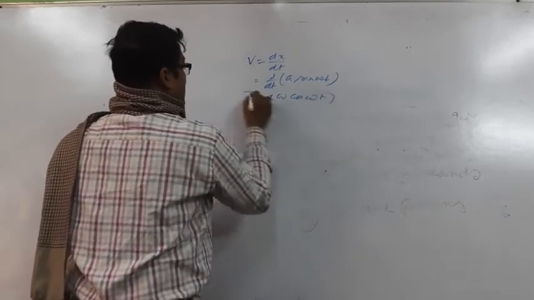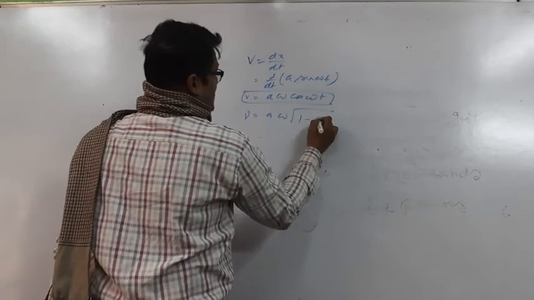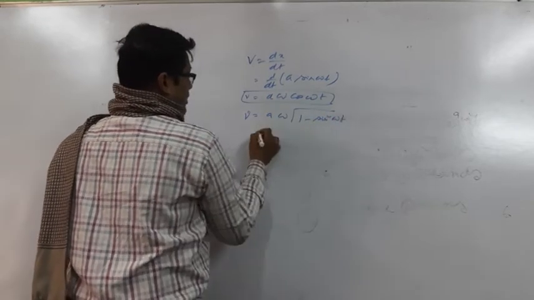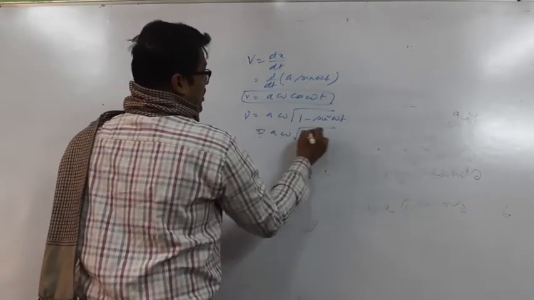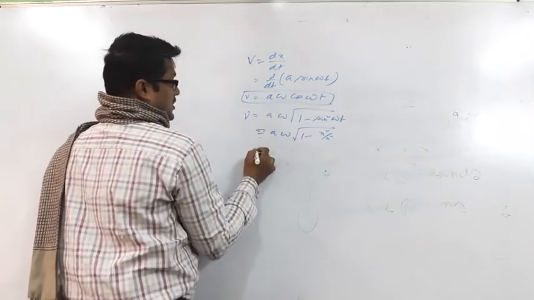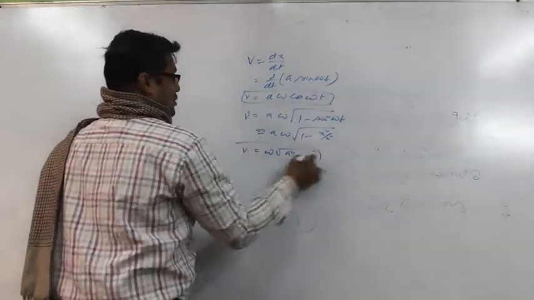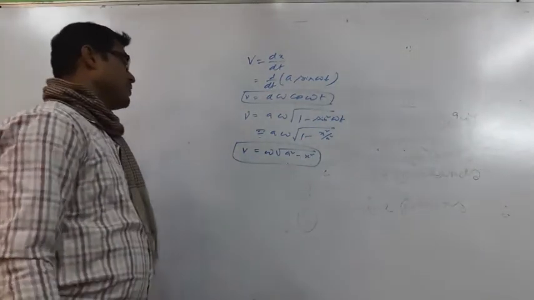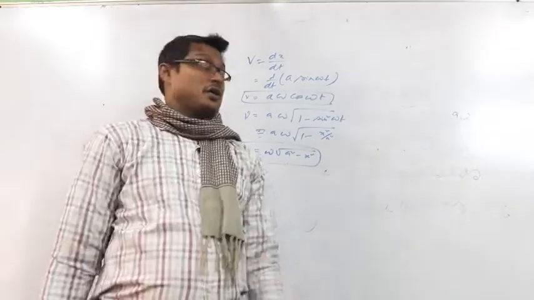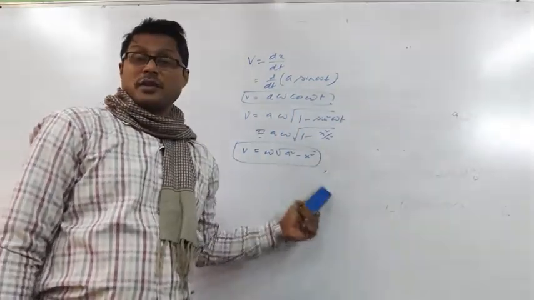This is the expression for velocity, and you can say a omega root of (1 minus sin square omega t), that is a omega root of (1 minus x square by a square), or we can say omega into root of (a square minus x square). This is also another equation of velocity.